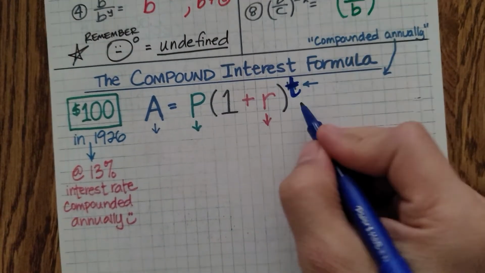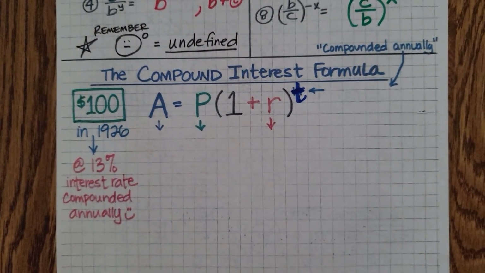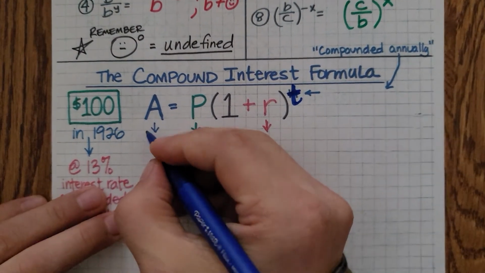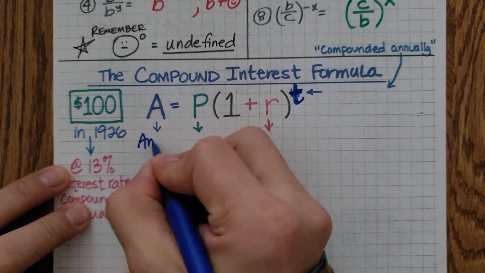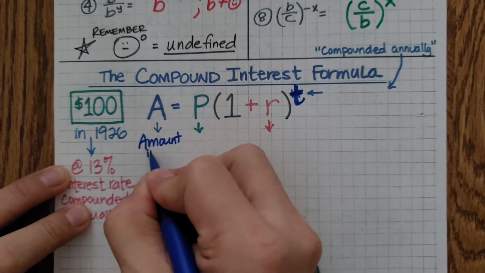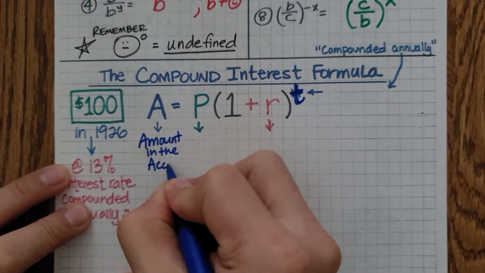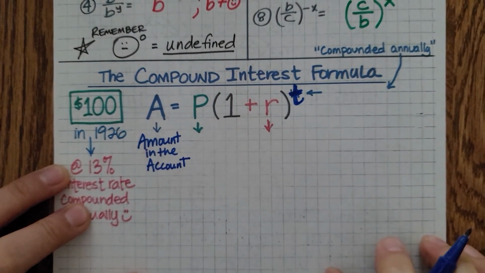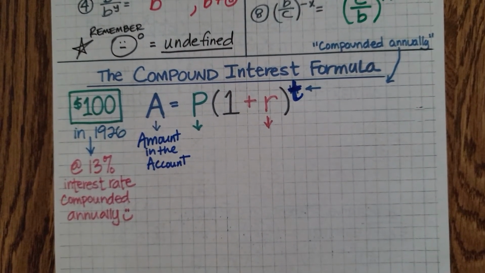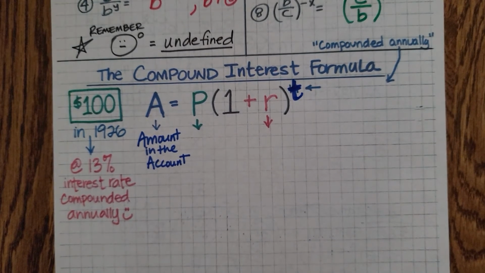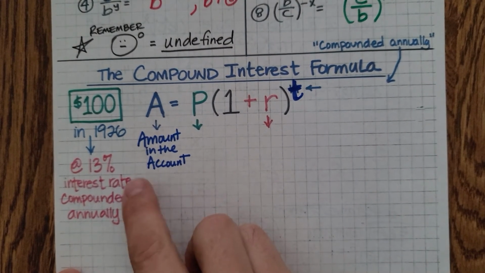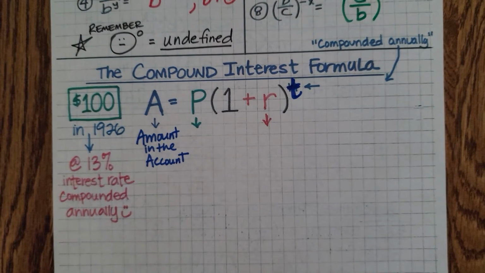And let's talk about what each and every one of these letters stands for. This first variable, A, stands for the amount in the account. After a certain time period, if you put money into any type of savings account or any account that earns you interest over a periodic cycle, then you should have and you will have more money than what you started with. What does P stand for?